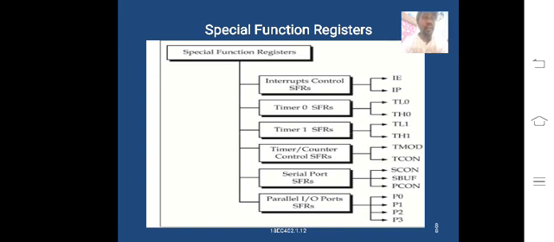The first group is the interrupt control special function registers. These are two: interrupt enable and interrupt priority.